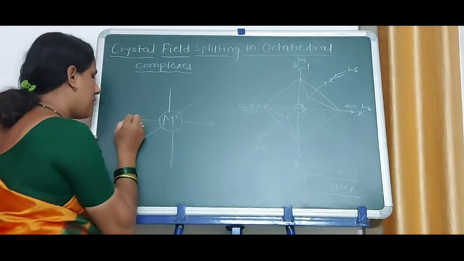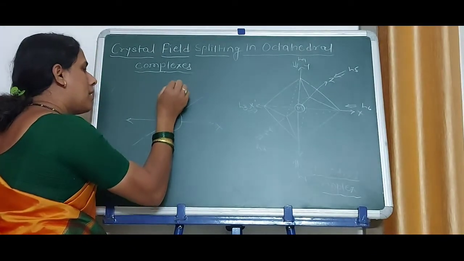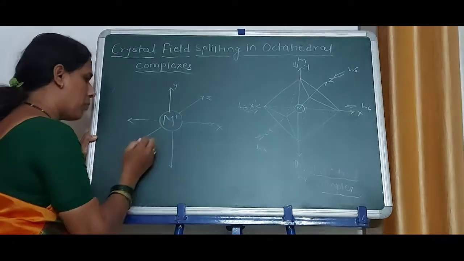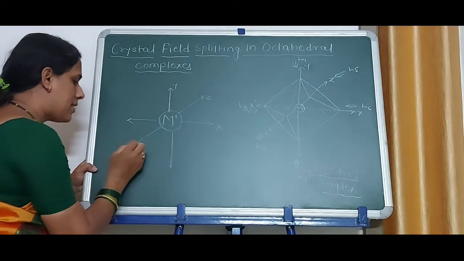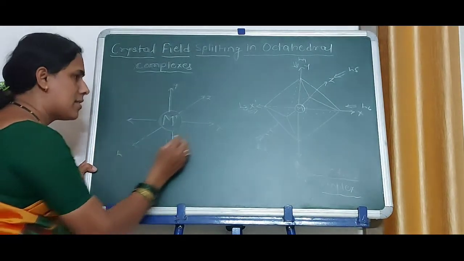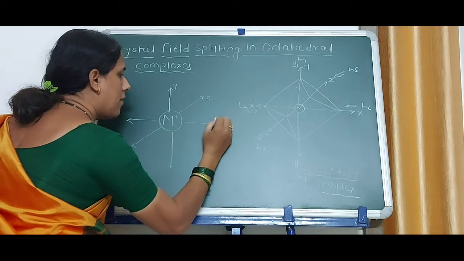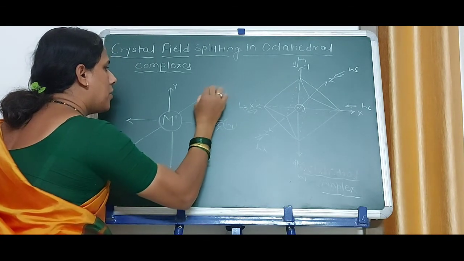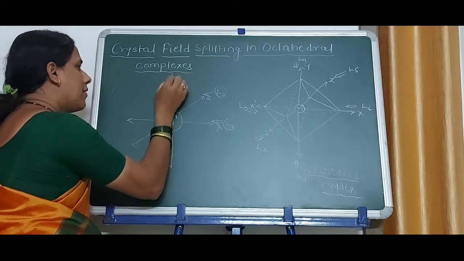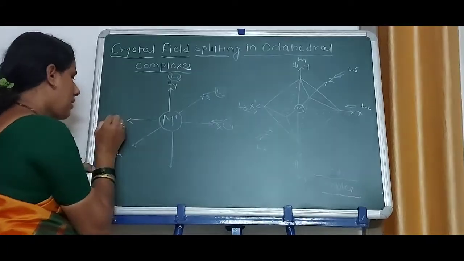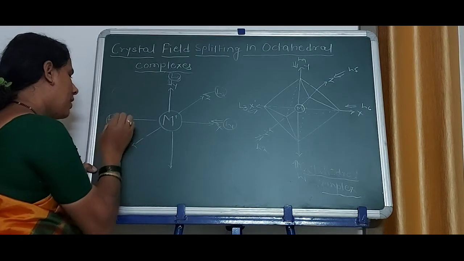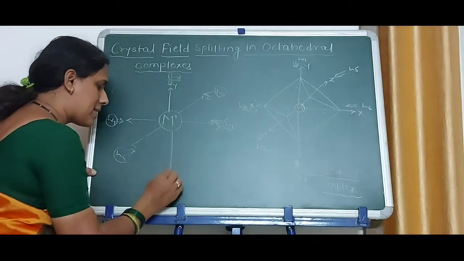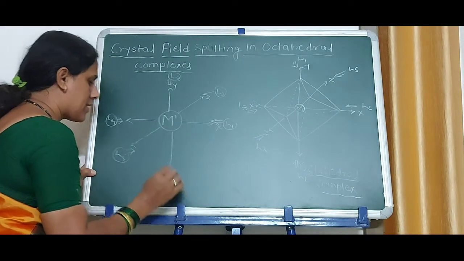Let us consider here X, here Y, and here Z. Now the approach of ligands is like that. This is the first ligand, L1, this is ligand 2, L2, ligand 3, L3, ligand 4, L4, ligand 5, L5, and the last is ligand 6.